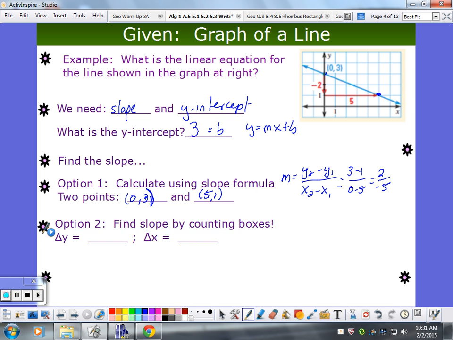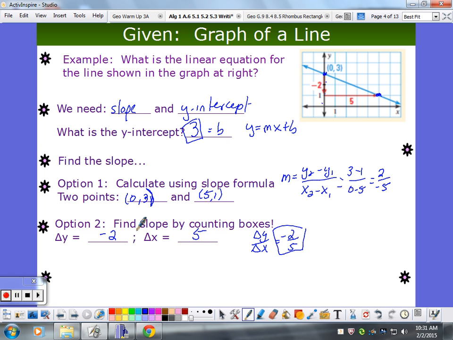And you know what? Option 2 is you can find the slope by boxes, right? To get from here to here, I have to go down 2. My change in y is -2 because down is negative. And then I count right. There are 5 boxes here. So change in y over change in x is -2/5. Same thing, just two ways to approach it. So I have the slope, I have the y-intercept.